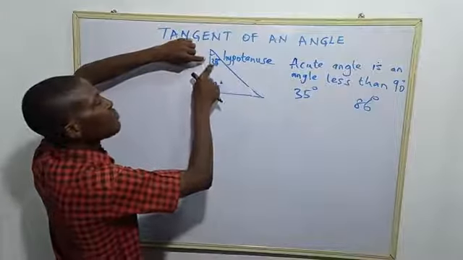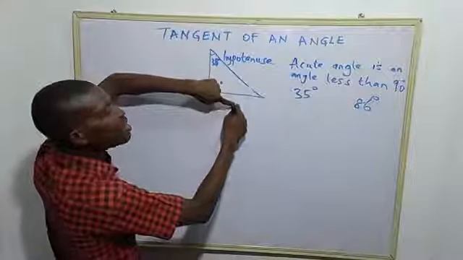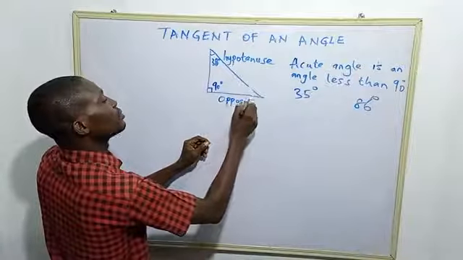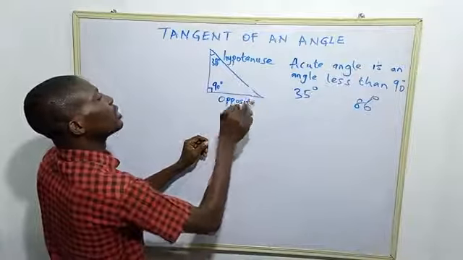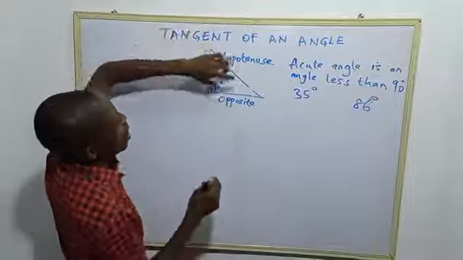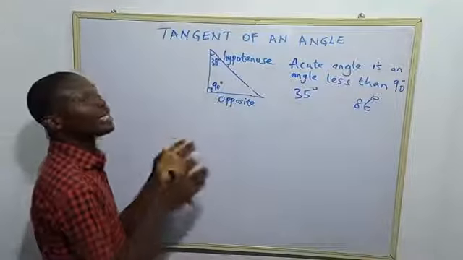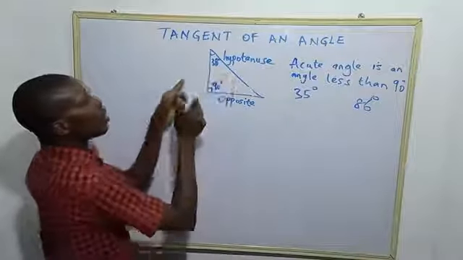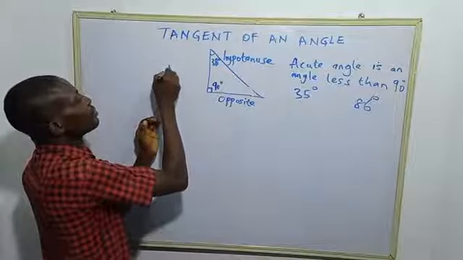Any side that is facing it, they call it opposite. This one is opposite, while this one is hypotenuse. So having known the two, the third side in a right angle triangle is called adjacent.